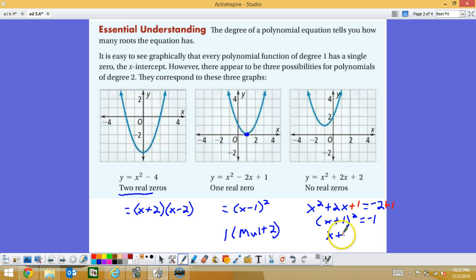Taking the square root, x plus 1 equals plus or minus i. So our two zeros are negative 1 plus i and negative 1 minus i. So those are our two zeros for that one, and they're both imaginary.